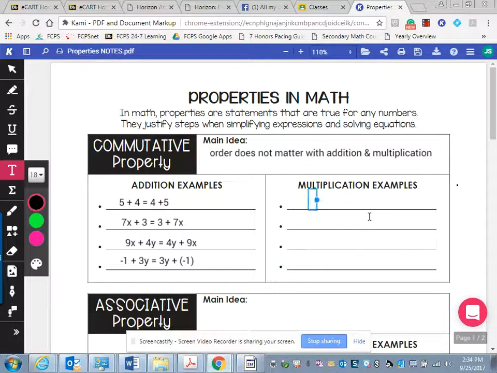Well, it's still the exact same thing. 6 times 2 gives us the same answer as 2 times 6. Okay. So another one. 5 times 3x gives us the same answer as 3x times 5.